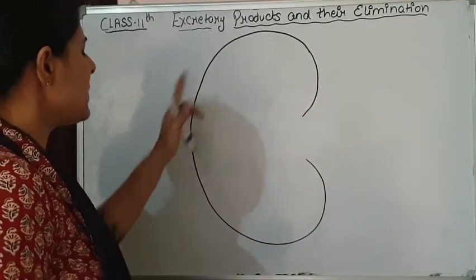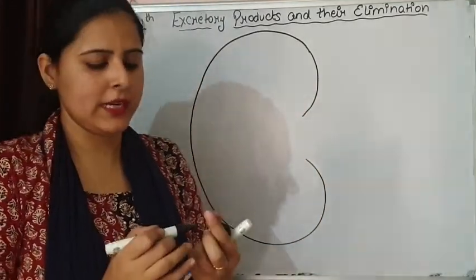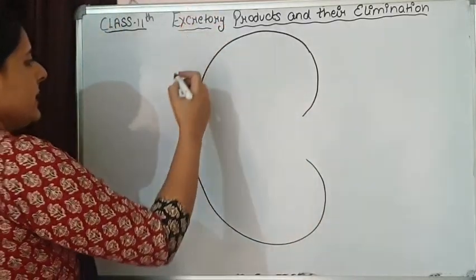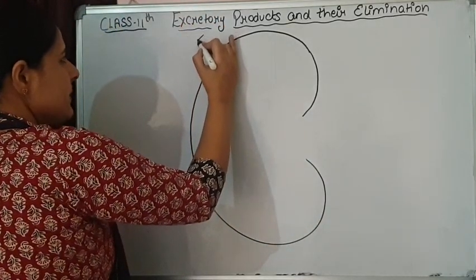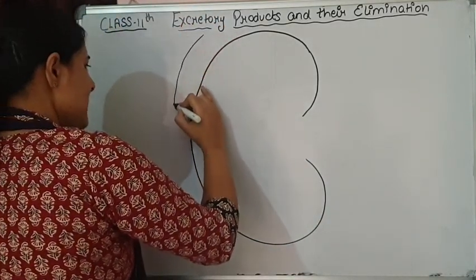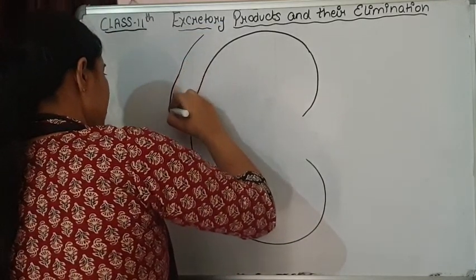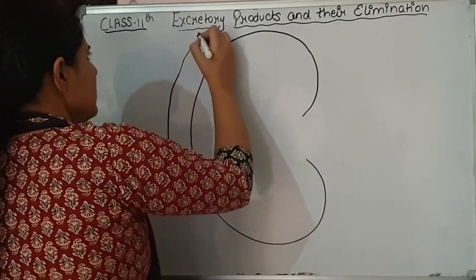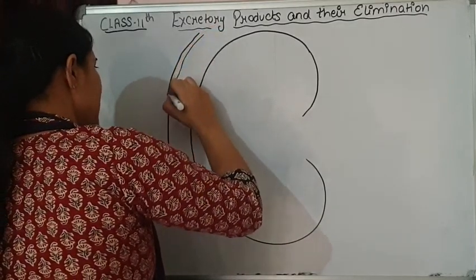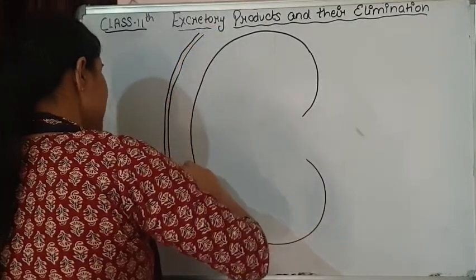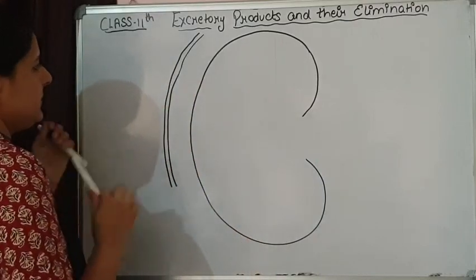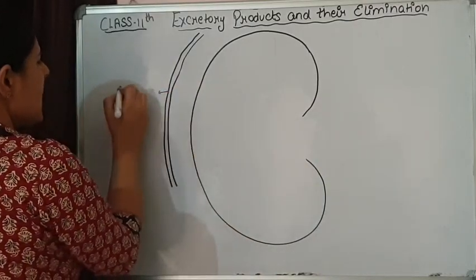First, let's talk about the outer protective structures of the kidney. The outer protective layer is a fibrous membrane, known as the renal fascia. This is the outer one.